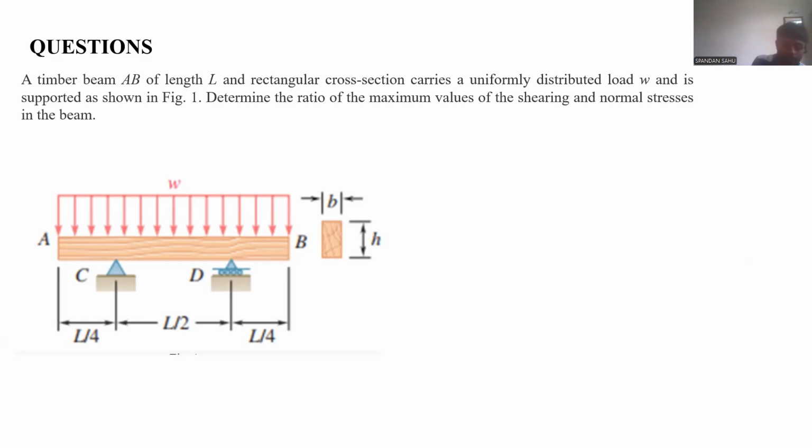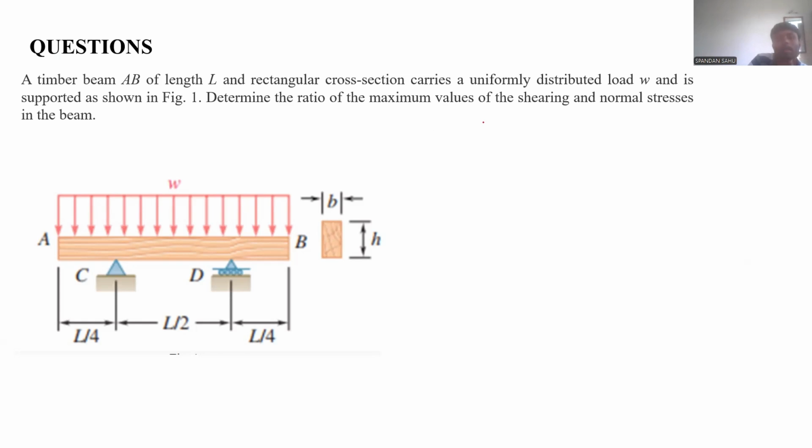Now, so how to proceed? Yes. So in order to proceed, first of all, we need to find the support reactions at support C and roller support D. So to find out that, we can use the equations of equilibrium.